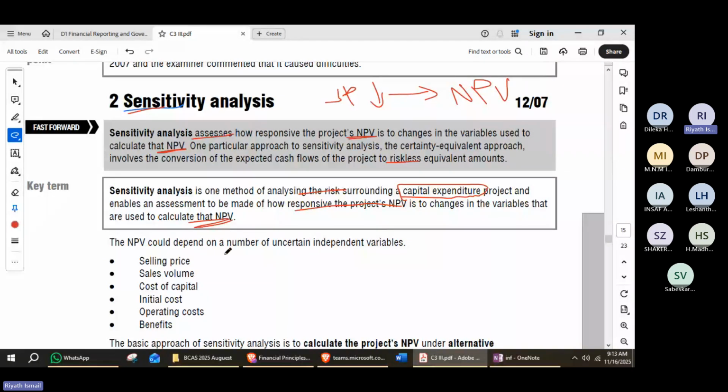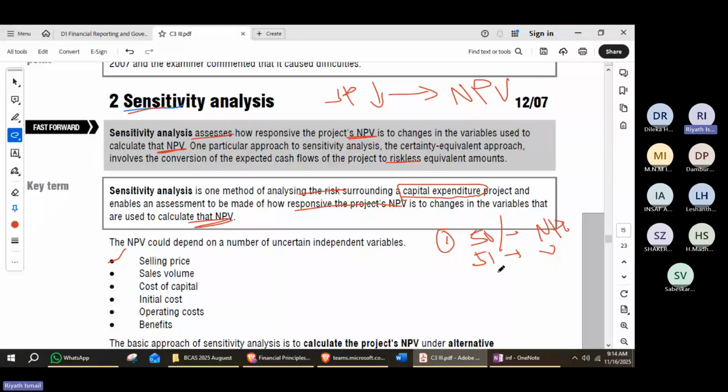Most commonly used is sensitivity. Sometimes selling price may change. We can't always calculate each scenario. Scenario one, at selling price 50 rupees, what is the NPV? Selling price 51, what is the NPV?